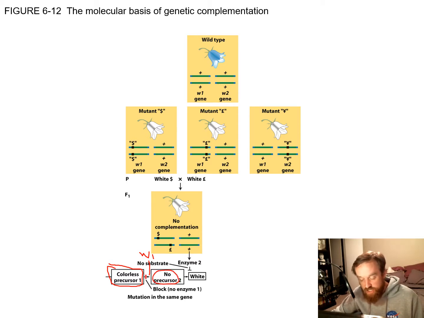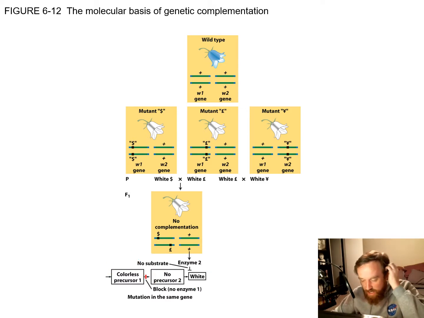And then gene W2 will turn this second compound into the finalized blue color. Because W1 is mutated, there is no second precursor for gene W2 to turn into the blue color. Thus, we have an absence of this pigment and we have white flowers.